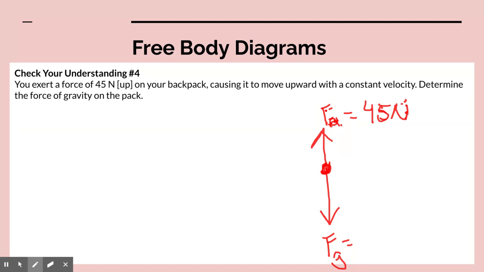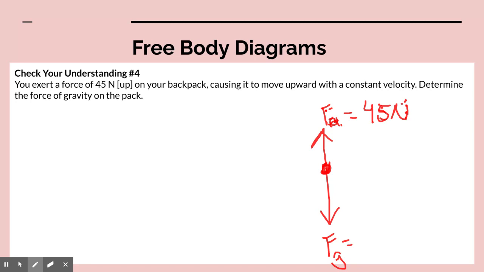Well, this is what's tricky about the forces, trying to determine how much goes one way and how much goes another. So you have the force of 45 newtons to pick it up.